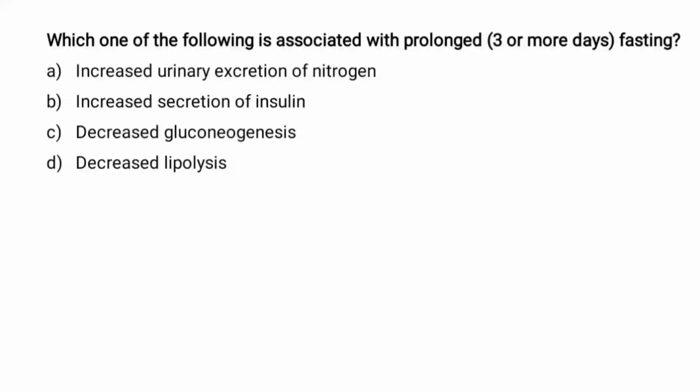Nitrogen is lost from ammonia present in protein plus non-protein amino nitrogen, and finally the kidney removes this nitrogen waste from the body through excretion of urea, uric acid, ammonium ions, etc. The remaining amino carbon skeletons are oxidized directly in the citric acid cycle or indirectly after conversion to glucose, which is subsequently oxidized in the citric acid cycle. So our correct option will be option A, which is increased urinary excretion of nitrogen.